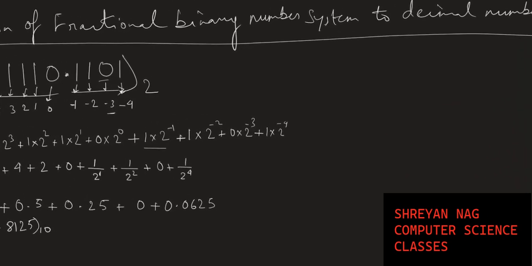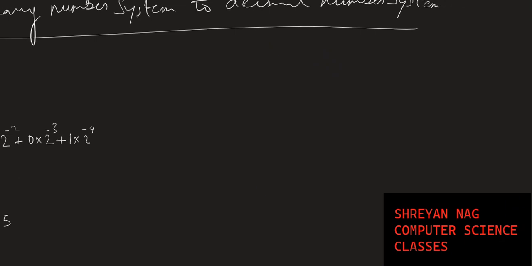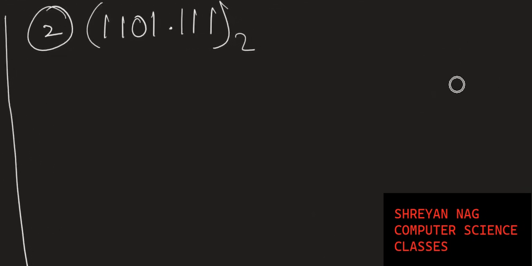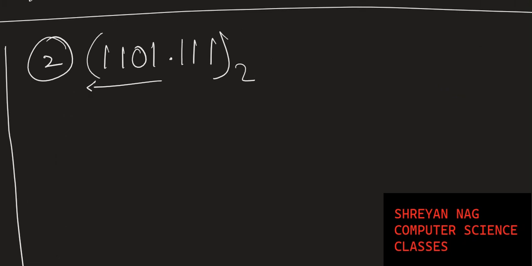Now let's take another example. Suppose 110.111. So what are the positions? Let us zoom in. From here it is 0, 1, 2, and from after the point it is minus 1, minus 2, and minus 3.